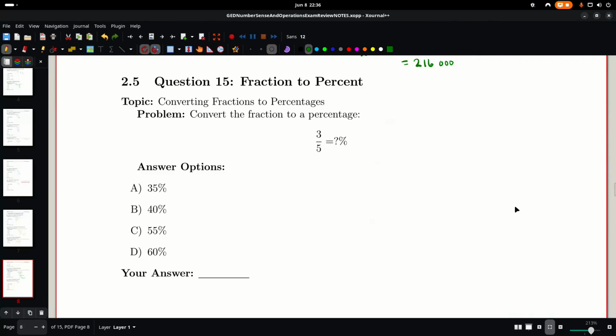Okay, fractions to percent, so converting fractions to percentages. So convert the fraction to a percentage. Okay, I'm just going to take a short break here, but I'll be back in a moment.